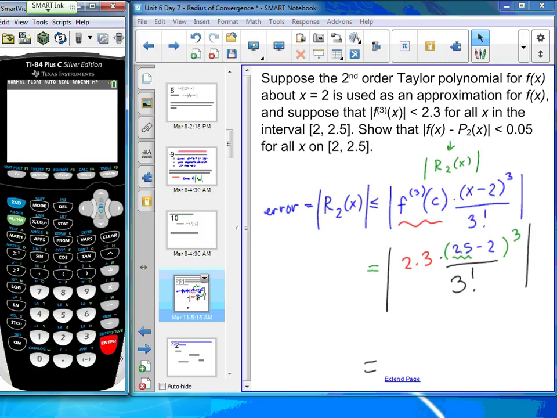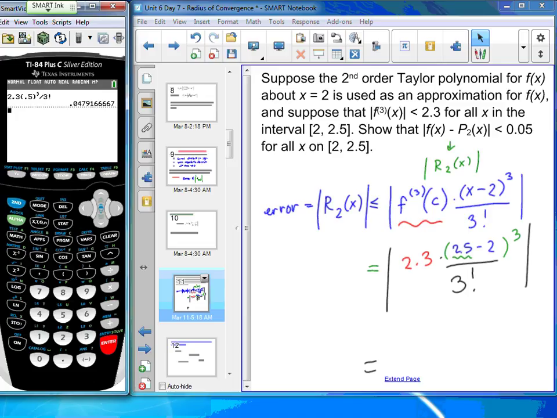How do we do? That looks big. Did you guys get that? You guys got that. So 2.3 times 2.5 minus 2, that's 0.5 cubed, all over 3 factorial, 6.